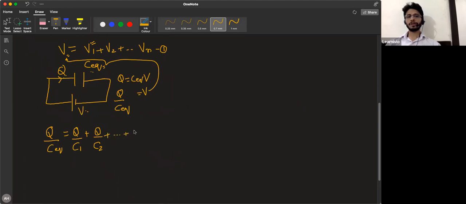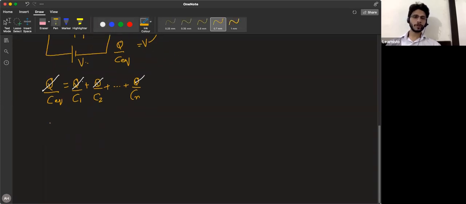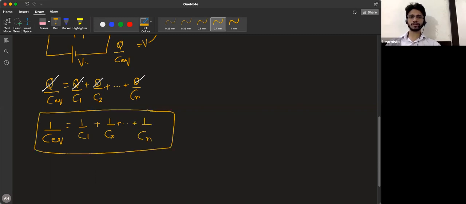Similarly, you can write Vn as Q by Cn. This Q, this Q, this Q will get cancelled out. So 1 by C equivalent is 1 by C1 plus 1 by C2 up to 1 by Cn. This is how we calculate equivalent capacitance.